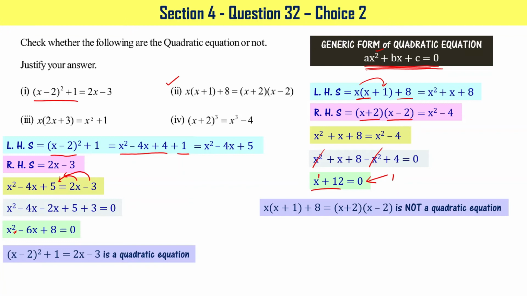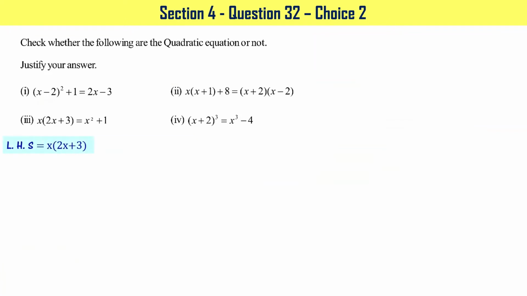Let's now go to third part. That is, LHS is given as x times 2x plus 3. That can be written as 2x square plus 3x. And RHS is x square plus 1. That cannot be further simplified. Now let's equate these two such that I can write it as 2x square plus 3x equal to x square plus 1.